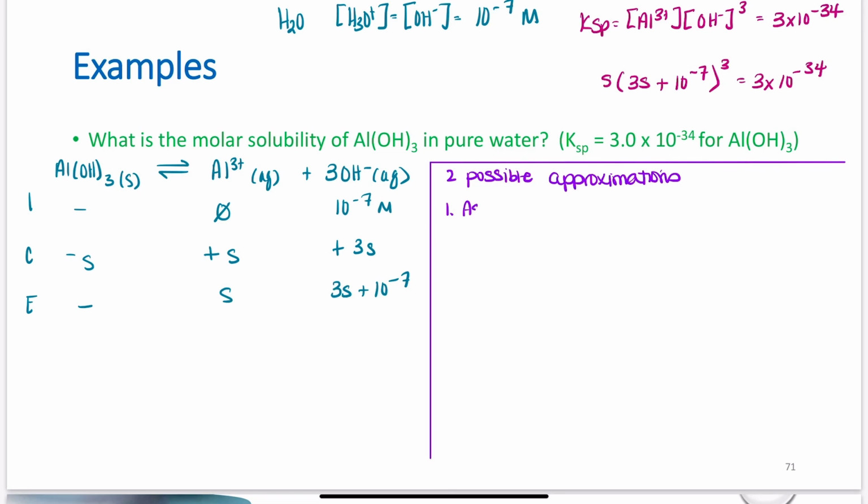First, we can assume 10 to the minus 7 is a lot smaller than 3S. If we do that, we have S times 3S cubed equals 3 times 10 to the minus 34. 3S cubed is the same as 27S cubed times S is 27S to the 4th.